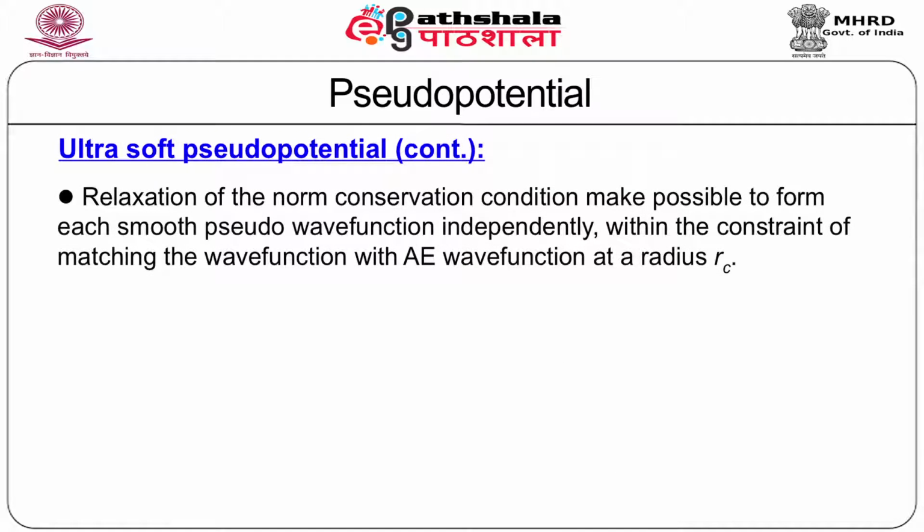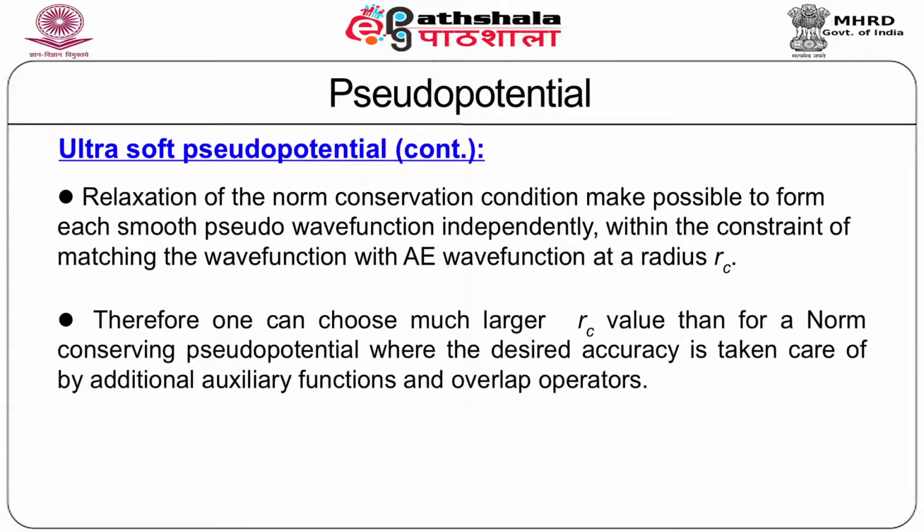Relaxation of the norm conservation condition makes it possible to form each smooth pseudo-wave function independently, with the constraint of matching the all-electron wave function at the cutoff radius RC.